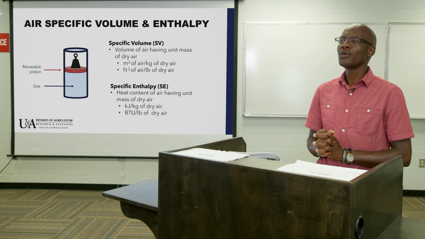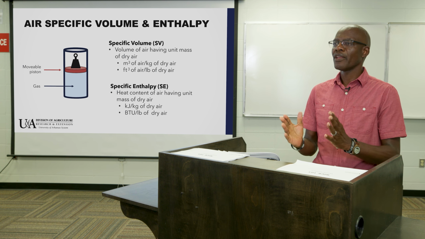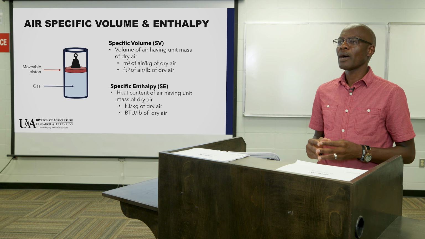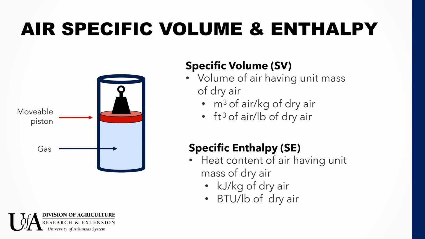The next terminology that I would like to describe here is the air specific volume and the air enthalpy. And this diagram is to help us illustrate that concept. So I want you to imagine a piston cylinder arrangement, and inside that piston we have air, basically water and other gases together. As I move that piston up and down, I'm able to change the volume of the air, but I'm maintaining the mass of that air.